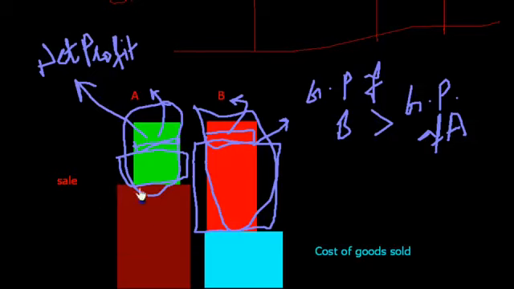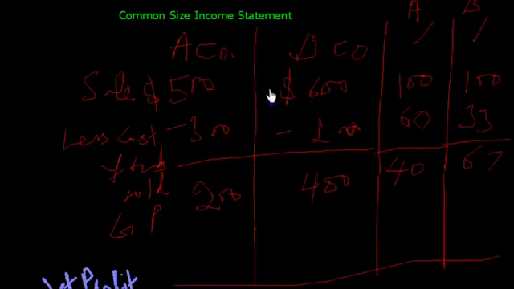So this company has good purchase management and other direct expenses management, so that its net profit will increase. These are the points which we should see in common size income statement.